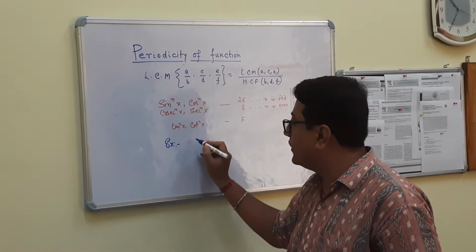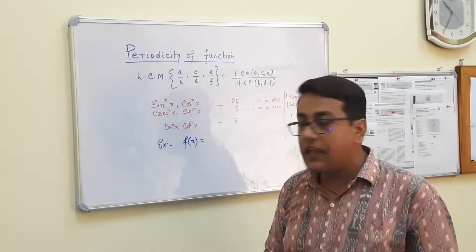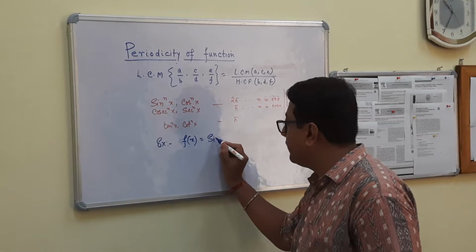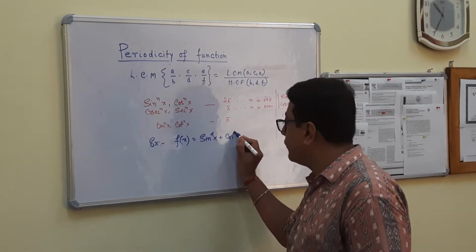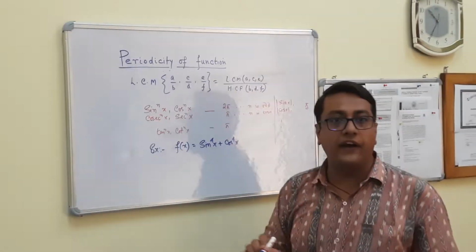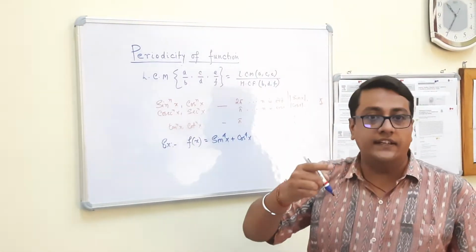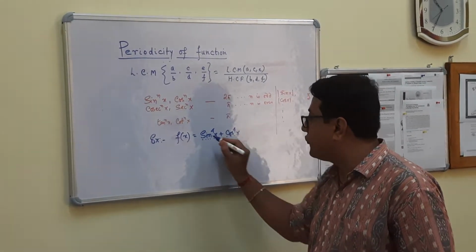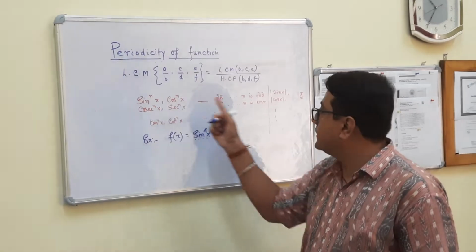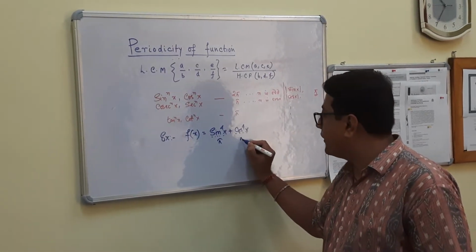Now we were talking about a check. Let us say we have to find the period of f(x) equal to sin to the power 4 x plus cos to the power 4 x. By the earlier logic, the individual period of sin 4x is pi, since n is even, and cos 4x is also pi.